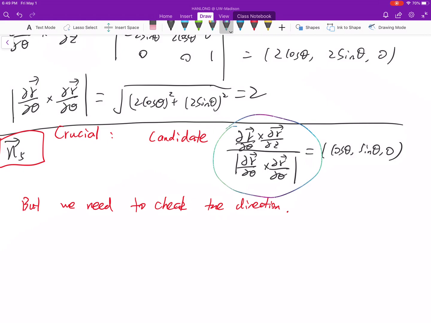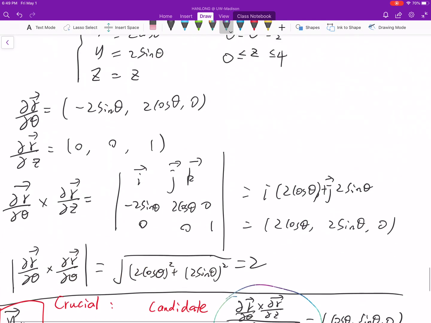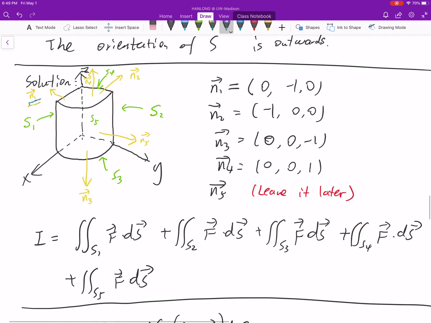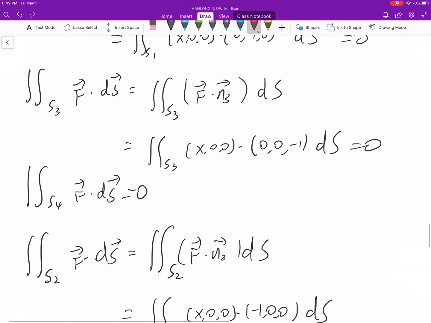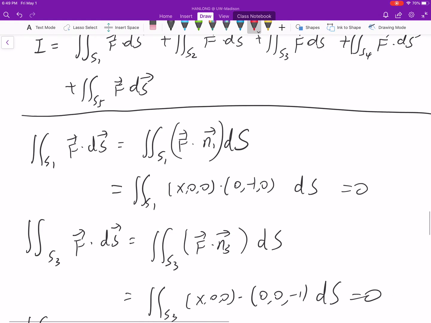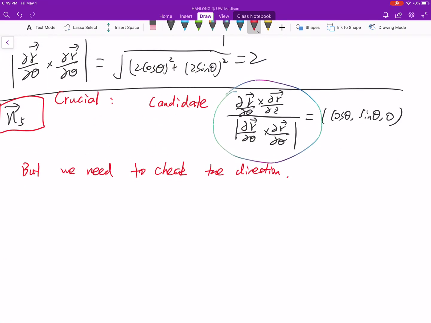If you change the order of theta and z, then you have a minus sign. So in principle, it's not canonical. We don't know if it matches with the outwards orientation. We need to check. So note that cosine theta, sine theta, 0. For example, we check here at this point, and we know that the direction is given by, so let's call this quantity, the red one, just this quantity.